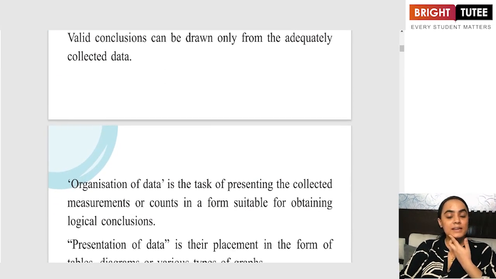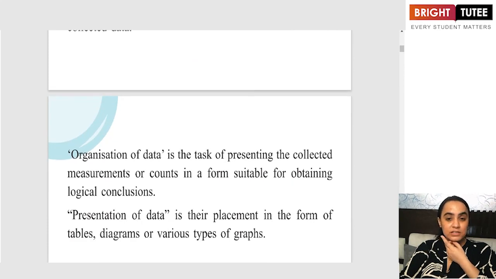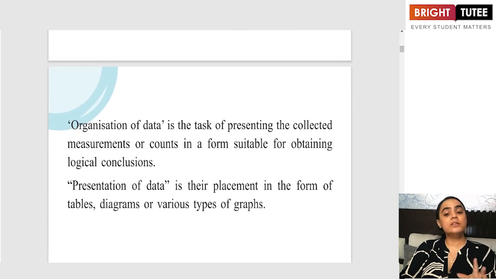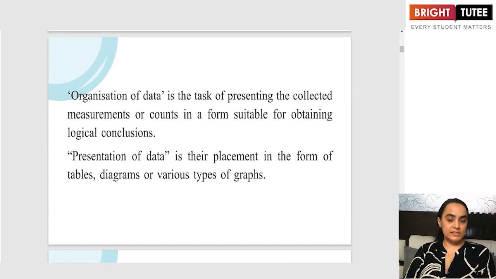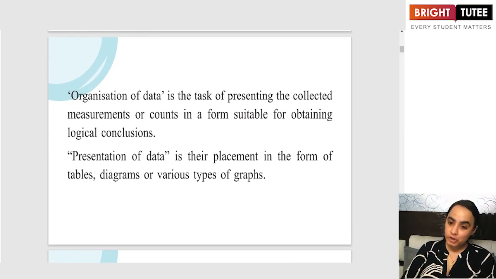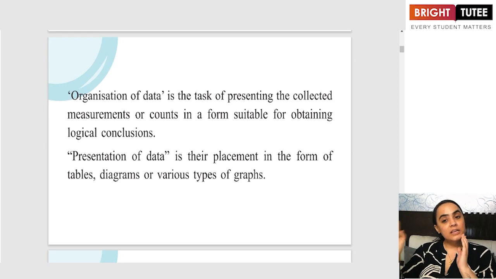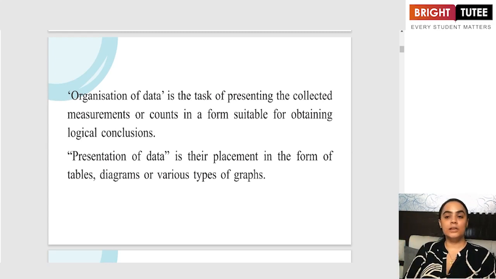Organization of data is a very important task, which requires you to present whatever data is given in front of you in a suitable, logical manner, so that the conclusion can be equally logical and acceptable. Then it talks about the presentation of data.